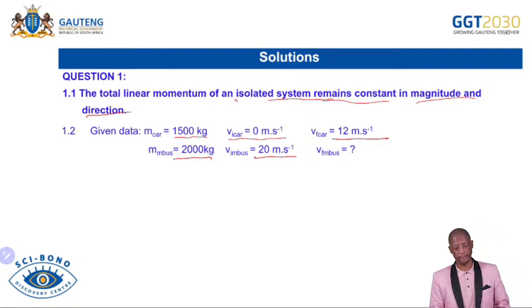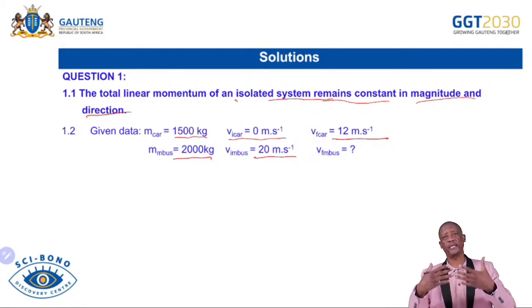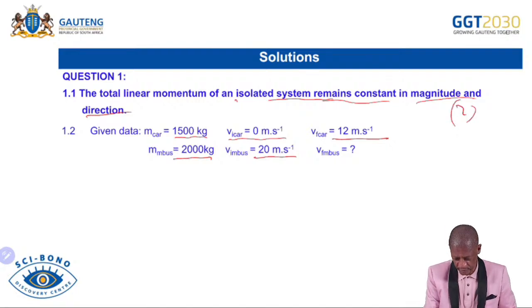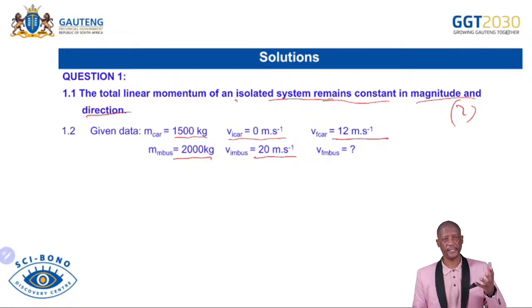When we start doing this, learners, we start with the principle. We apply the principle of conservation of linear momentum. Remember, we studied above, you got 2 marks for it. The total linear momentum in an isolated system remains constant in both magnitude and direction.